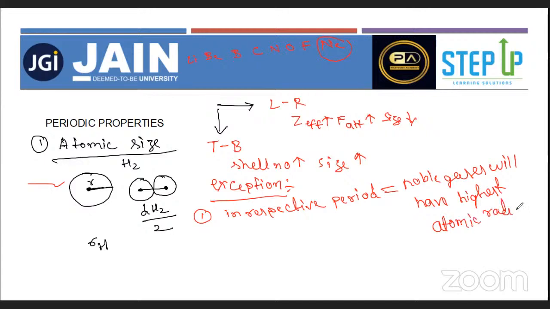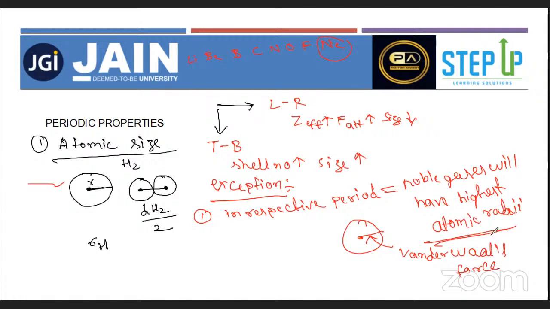Now, why did this come? Why maximum radii? The reason behind this is because they only exist in uncombined form, and anything in uncombined form will try to stay far away from each other, and the only force acting here is van der Waals force, and van der Waals force is the weakest force of attraction.